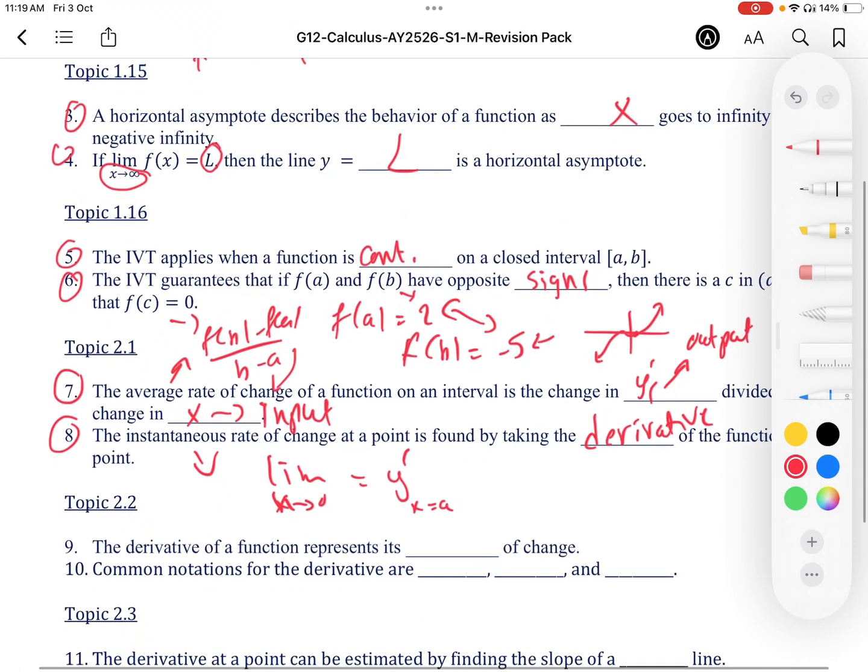Number 9, the derivative of the function represents its rate of change, as we mentioned in number 8. To be more accurate, instantaneous, but it's fine.